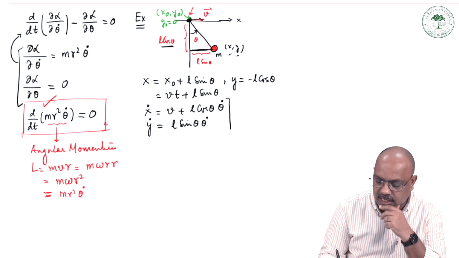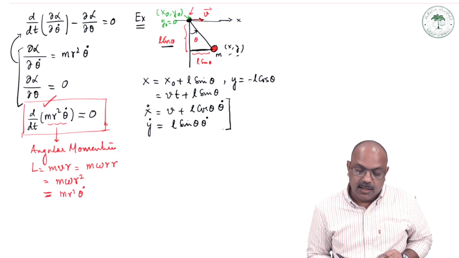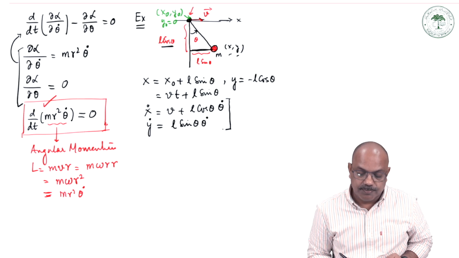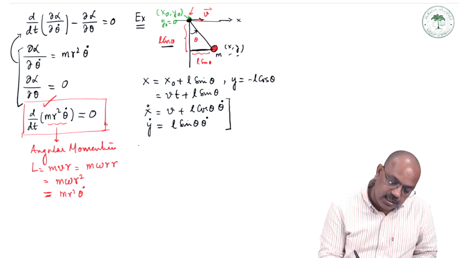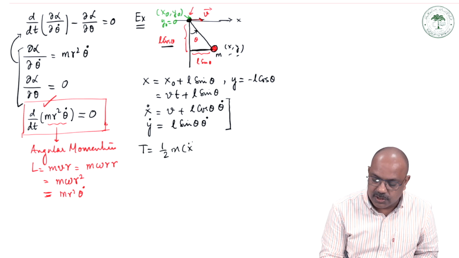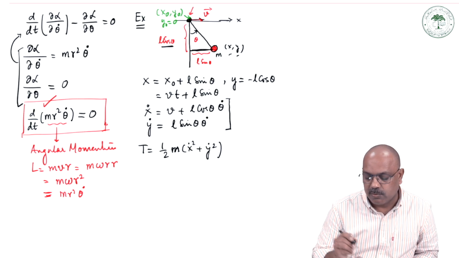So now once I have x dot and y dot, I can write my kinetic energy T as half m times (x dot square plus y dot square). Okay, so m is the mass of the ball.